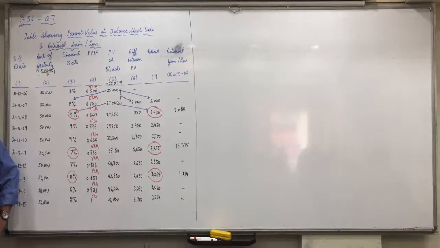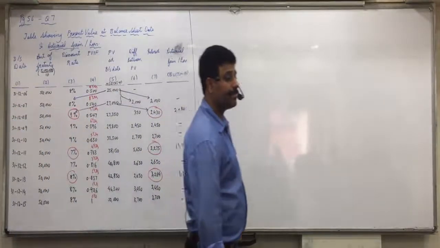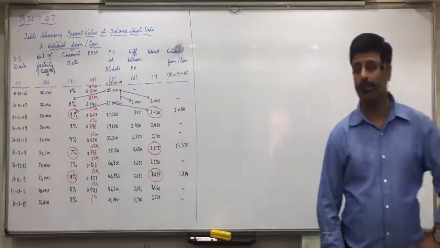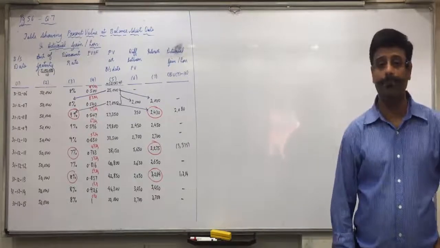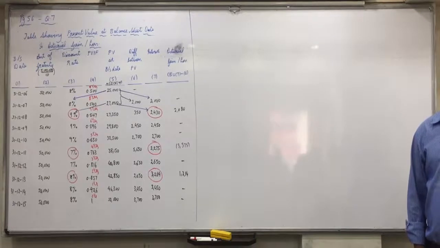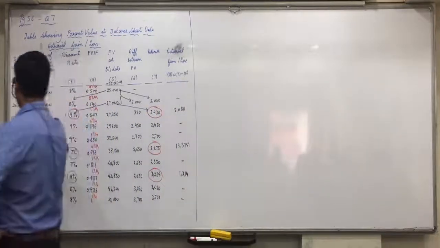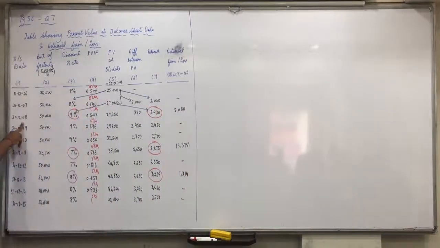So following are the observations made from above table. First, below that, number 1. On 31/12/08, rate of discount changes from 8% to 9%.